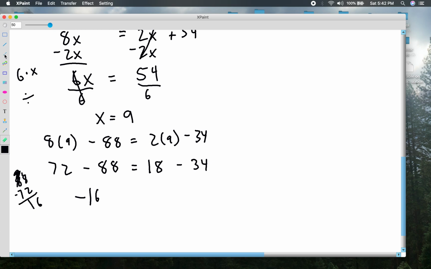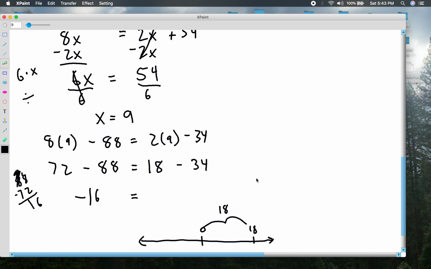All right, so negative 16 equals 18 minus 34. Well, same thing. Here's 18 way out here, and I have to take away 34. Well, I can take the first 18 away to get to 0, but how many more do I have to take away? How many's left to take away?